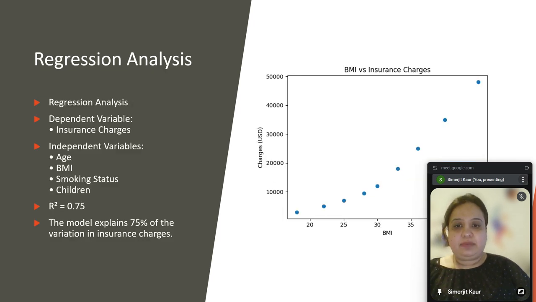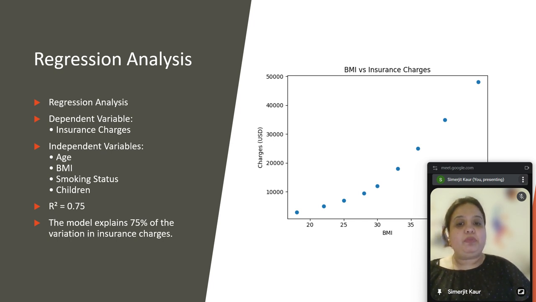Regression analysis. Regression analysis was conducted to identify which variable best predicts insurance charges. The dependent variable in the model was insurance charges. The independent variables included age, BMI, smoking status, and number of children. The model produced an R squared value of 0.75, meaning it explains 75% of the variation in insurance charges.